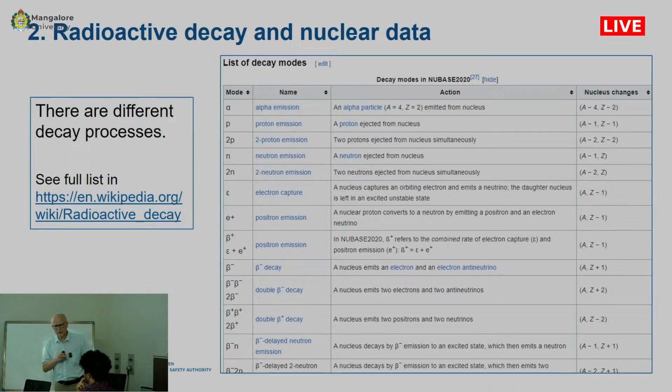Why not gamma decay? There is no gamma decay. You have to understand that. There is gamma emission, so the nuclide itself is not decayed when gamma emission happens. So the nuclide stays the same.